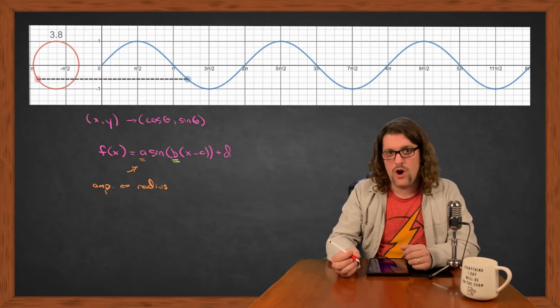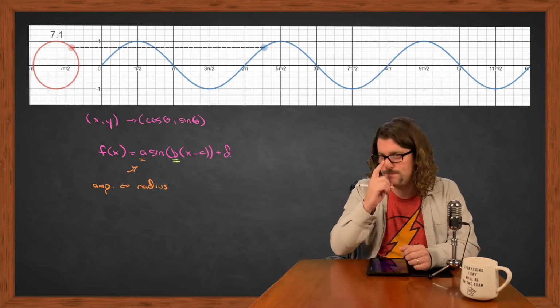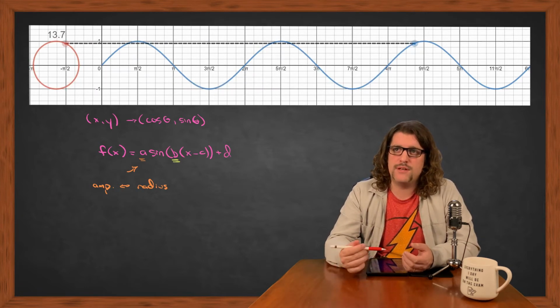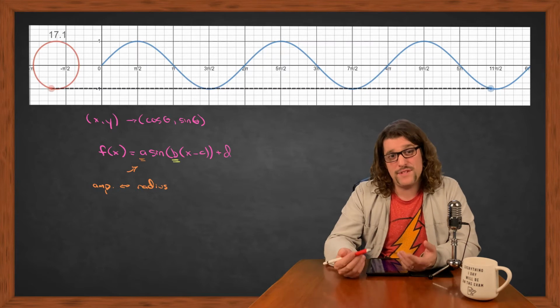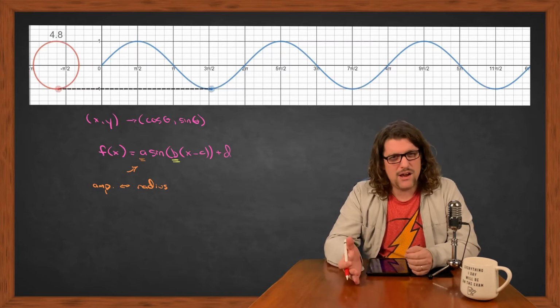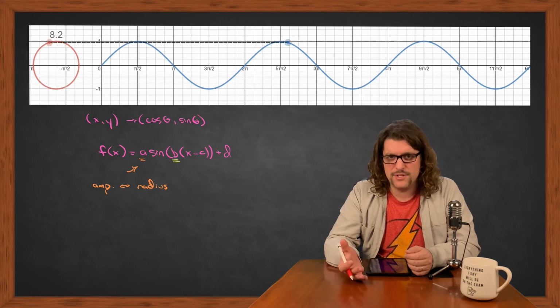This is a little more complicated, the b value, because a lot of times we're interested in rotating around a circle and it takes some amount of time. So it's not as natural to discuss it as an angle.